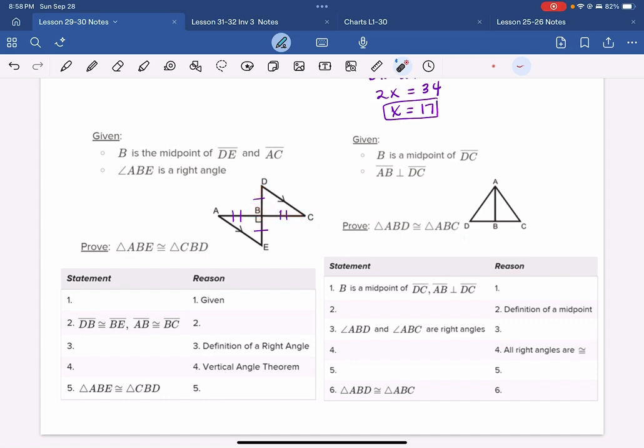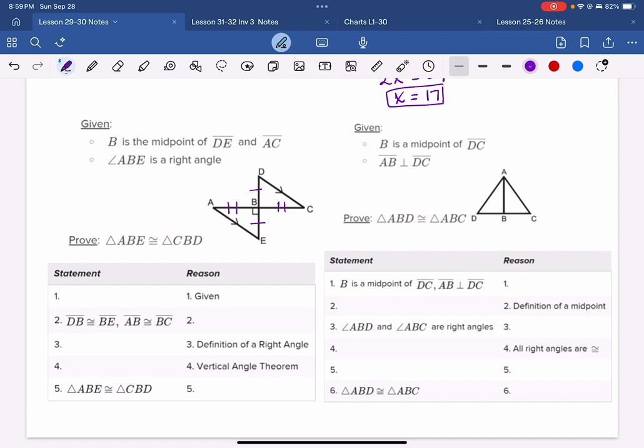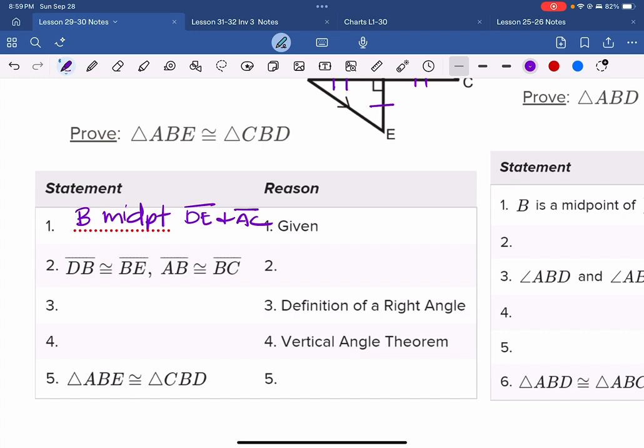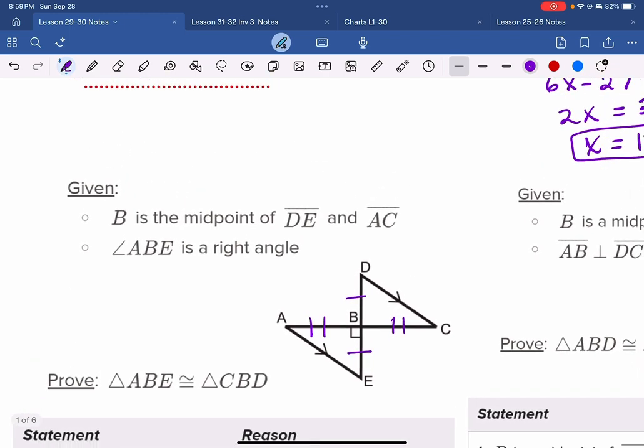Okay, so you always start with the given. And so basically what I write here is just what's been given. So we're going to write down that B is the midpoint, and you can abbreviate since there's such little space, of DE and AC, and also that angle ABE is a right angle. And again, that was given to me up here.